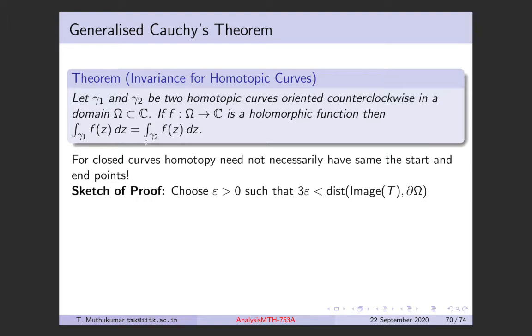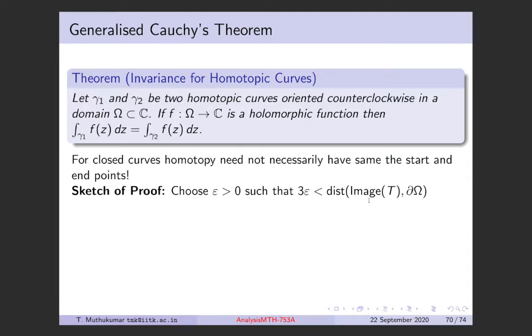Once you have these two curves, gamma 1 and gamma 2, and since it is given that they are homotopic, that means there is a homotopy. There is a continuous map T from the square which incrementally deforms gamma 1 to gamma 2. So this T is that map. The domain of T is the square.